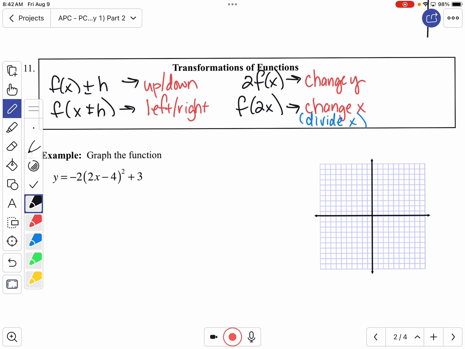What does this do if I put absolute value around it? It makes all y values that are negative positive. It flips it over the x-axis.